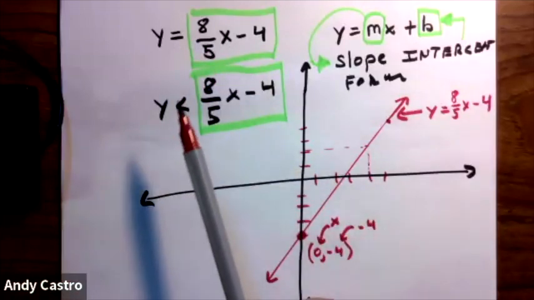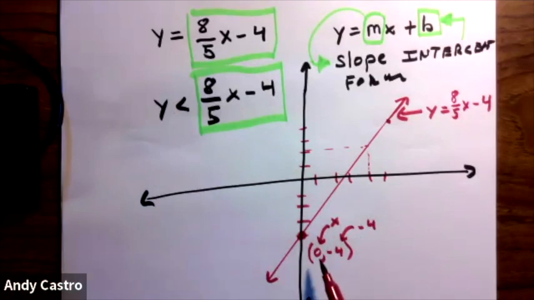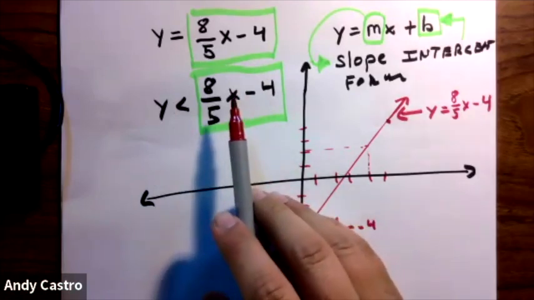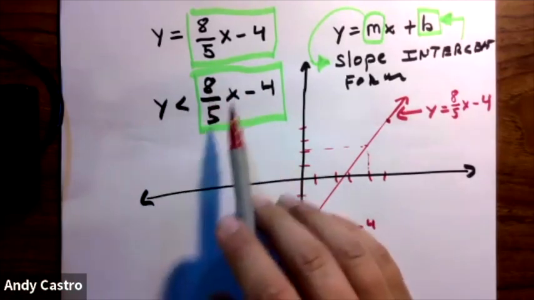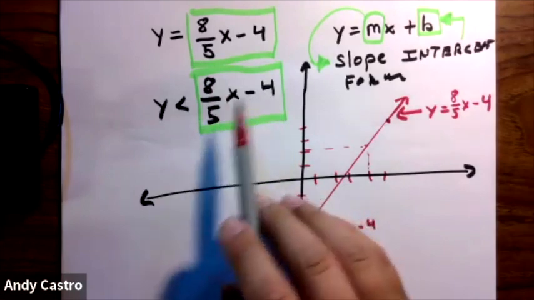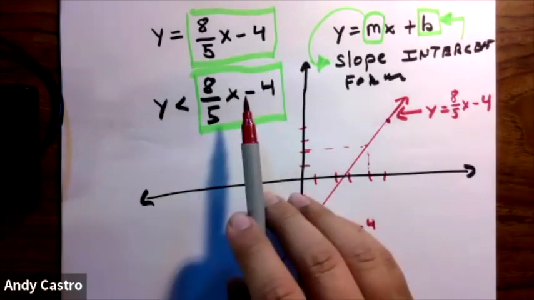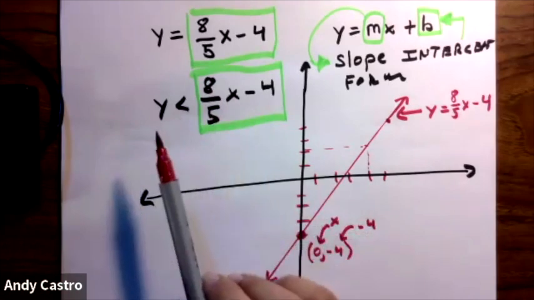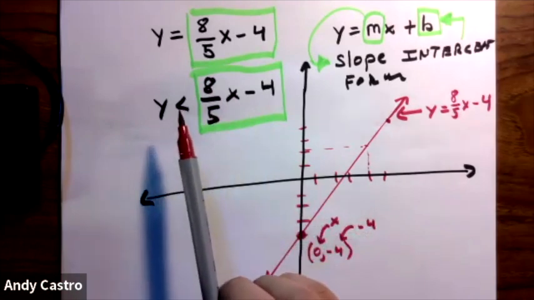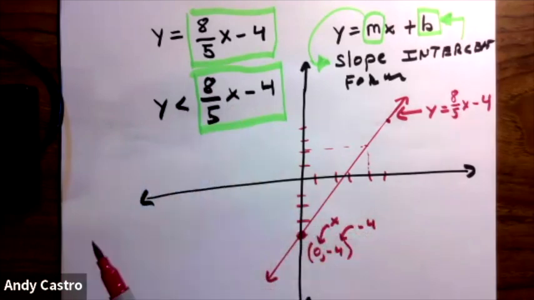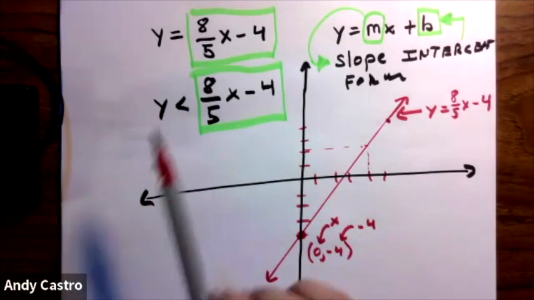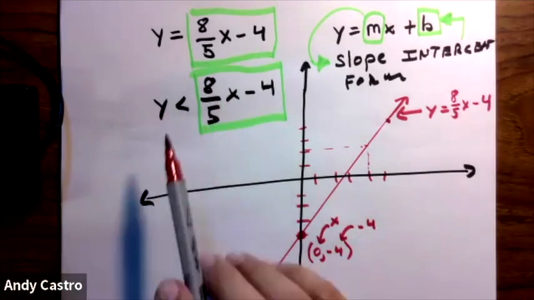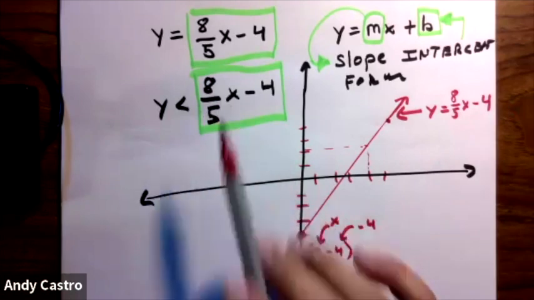Now, in the case of the inequality, when we plug in this 0, 0 times 8 over 5 is 0, minus 4 is -4. So nothing changes on this side. But notice the relationship. We're saying that y is less than -4, not equal to it. So how do we understand how to graph this?